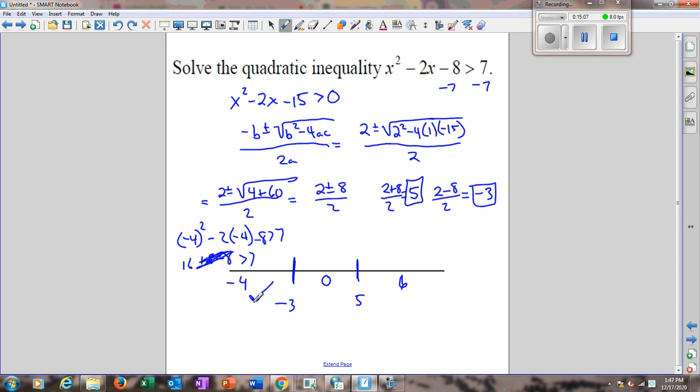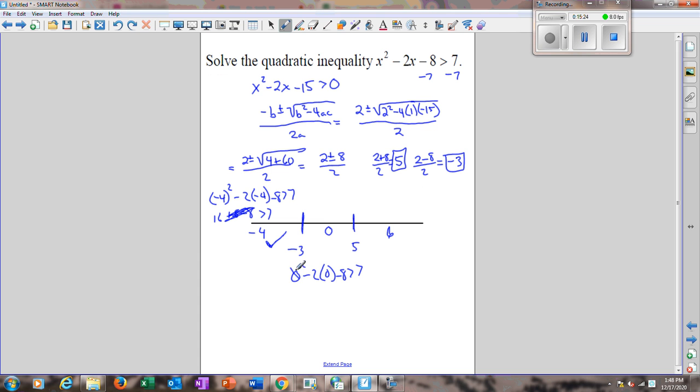So it works for the first one. For the second number, I'm going to plug 0 into the formula. 0 squared minus 2 times 0 minus 8 greater than 7. 0 minus 2 times 0, that's all 0. Negative 8 greater than 7 is not true.